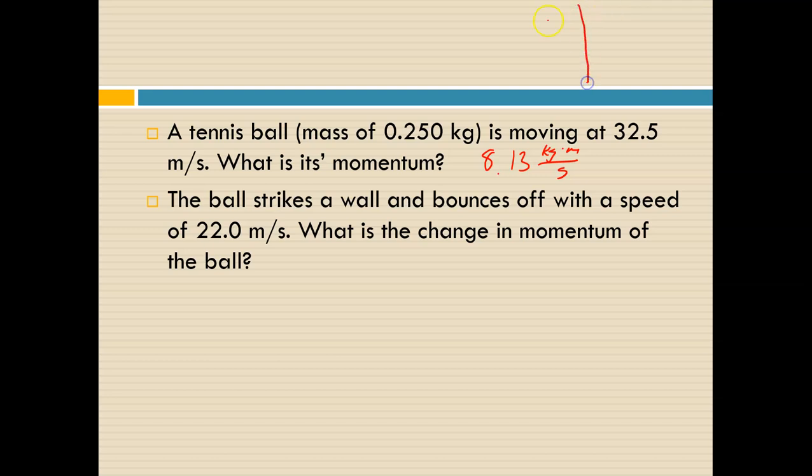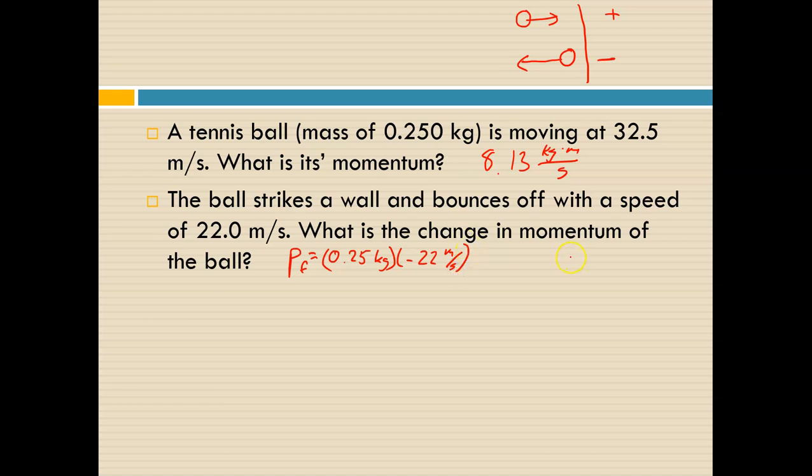We draw the picture. Here's the ball going into the wall in the positive direction, and then here's the ball coming off the wall in the negative direction, which means, what's the final velocity, positive or negative? Negative. So that means that the final momentum, PF, is going to be equal to 0.25 kilograms multiplied by negative 22 meters per second.